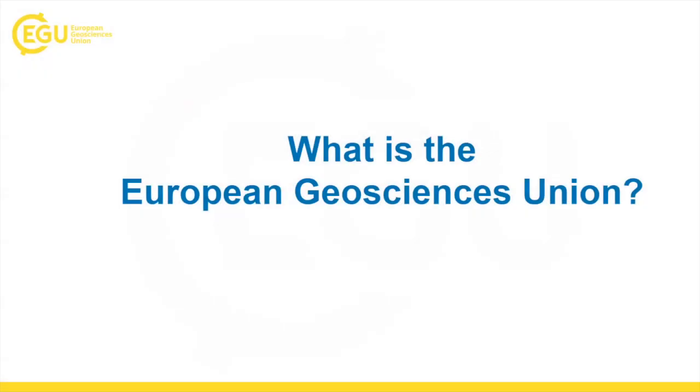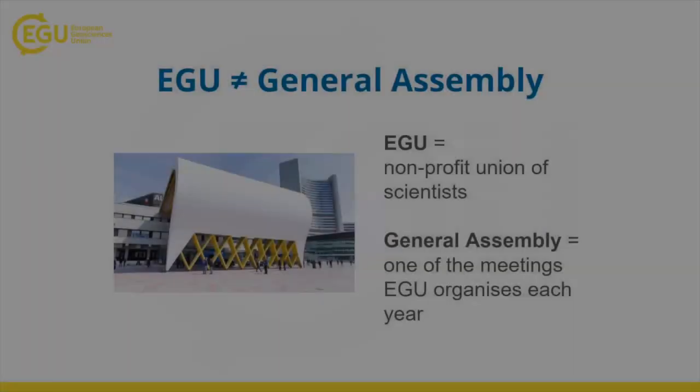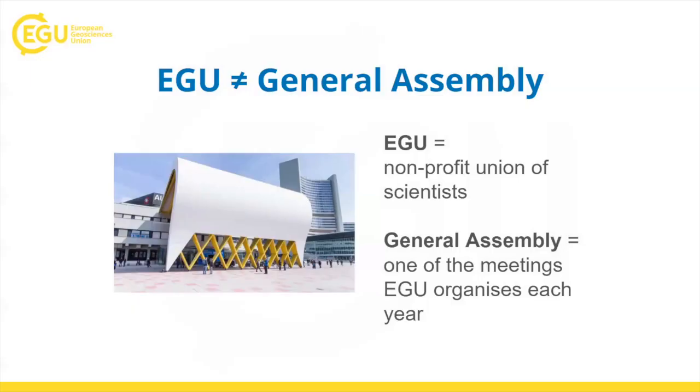So to begin with, I want to ask the question of what is the European Geosciences Union? When most people say EGU, they probably think of the General Assembly, but it's not quite correct. EGU itself is an organization, a non-profit union of scientists. We exist all year round and we have activities all year round.